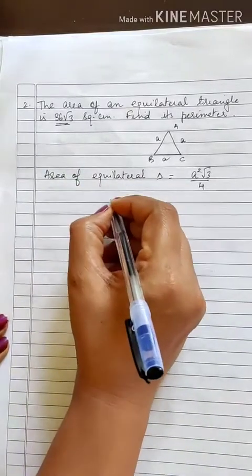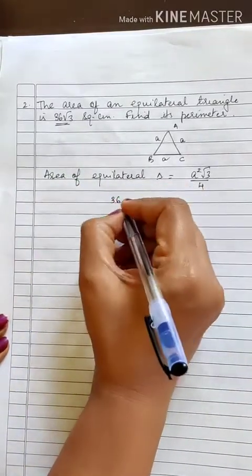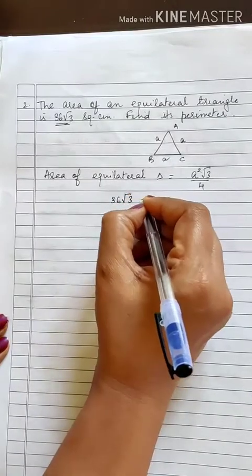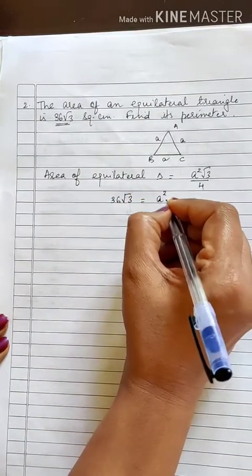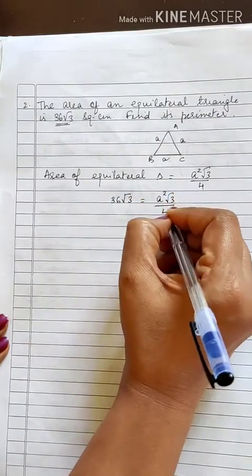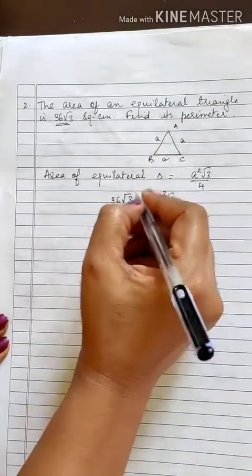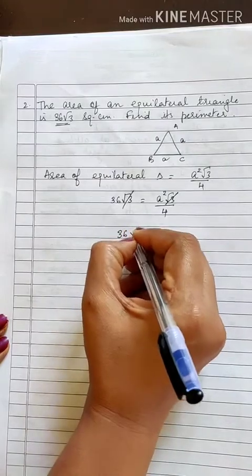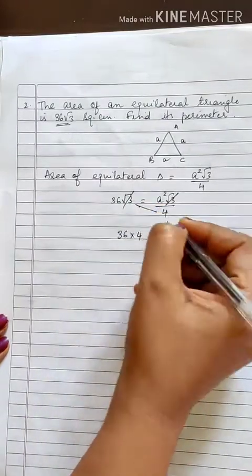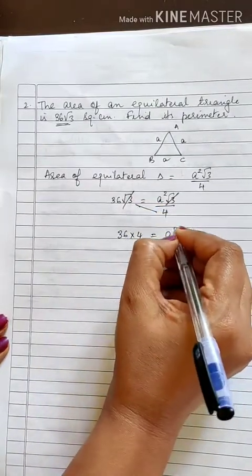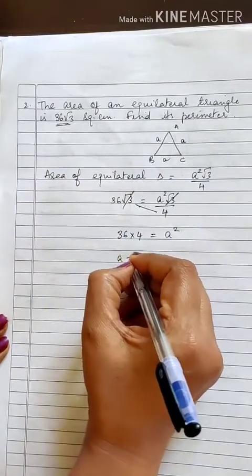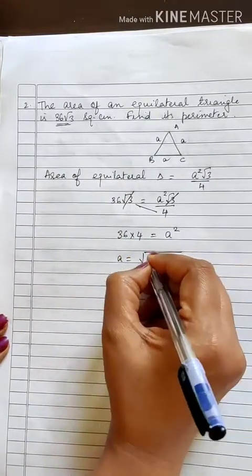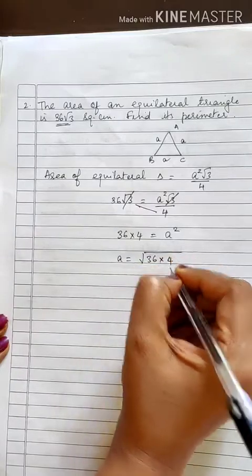So I will substitute the value of area, which is given as 36 root 3, which will be equal to A square root 3 by 4. Now root 3 and root 3 get cancelled. You get 36 into 4. Doing cross multiplication, it is equal to A square, or A is equal to root over of 36 into 4.